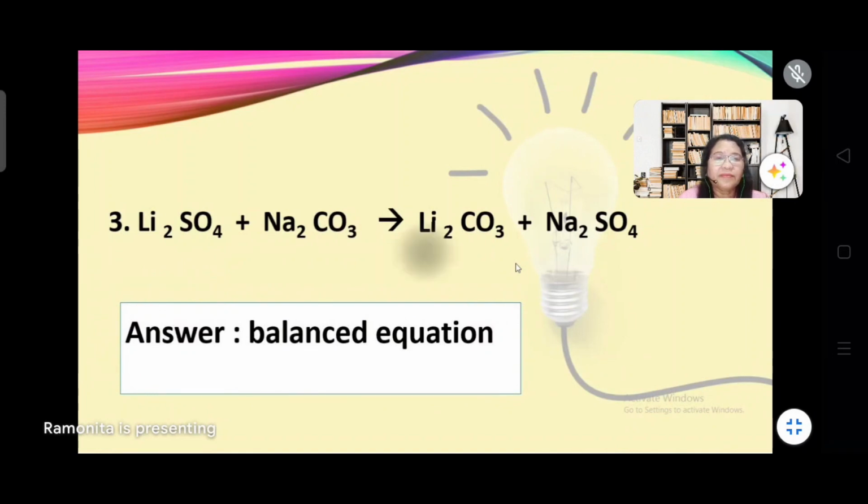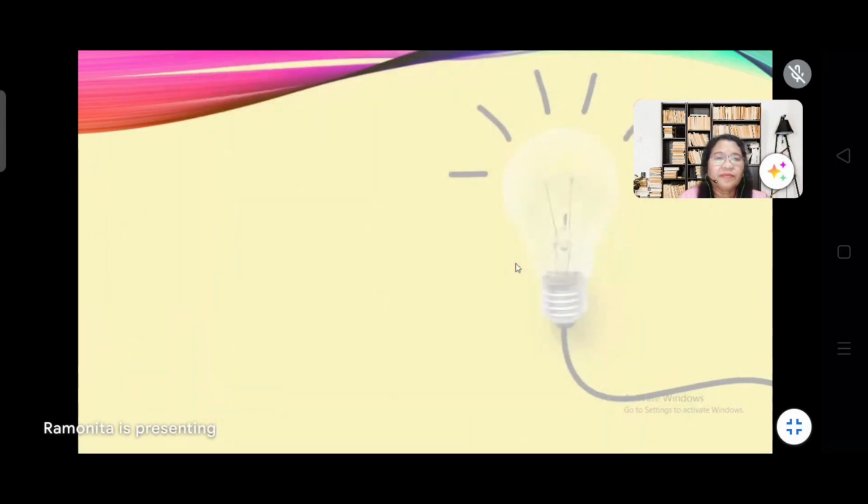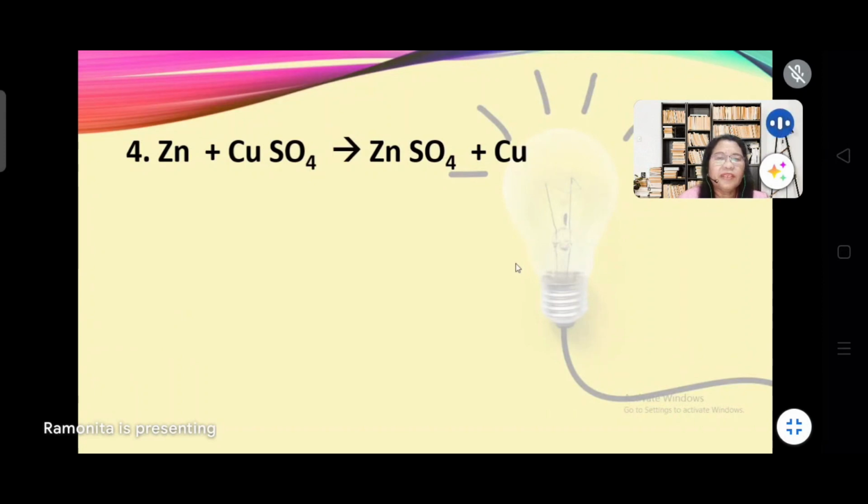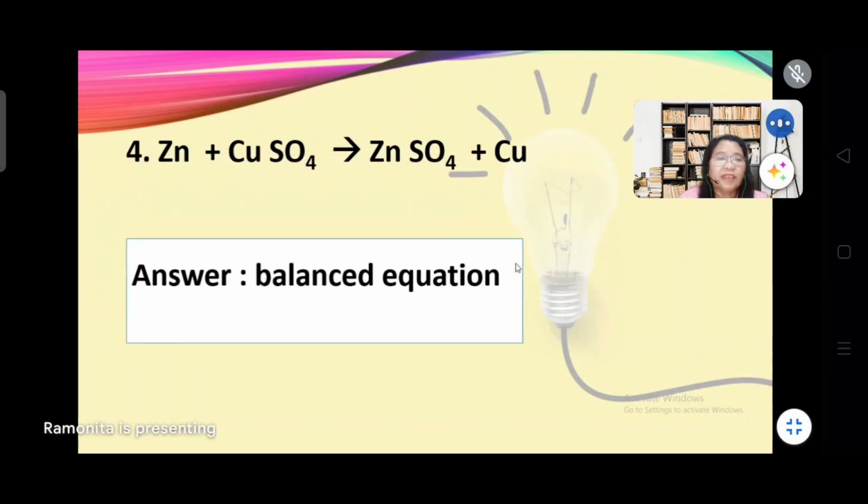Next, we have here zinc reacts with copper sulfate, produce zinc sulfate and copper. Is it a balanced or unbalanced equation? Okay, very good. Our answer is a balanced equation.